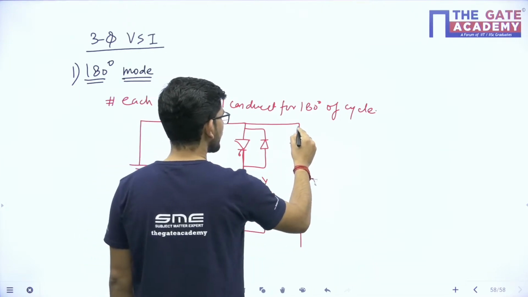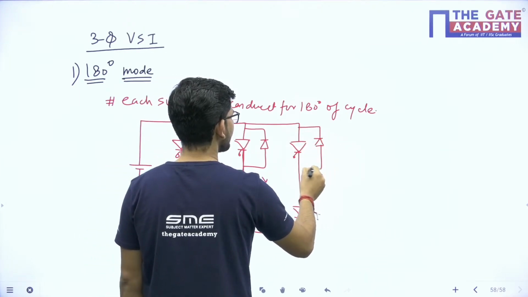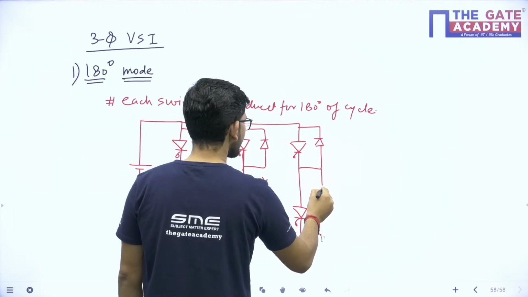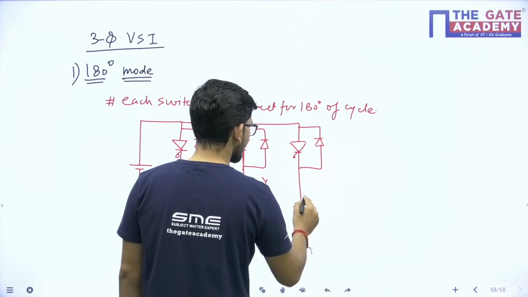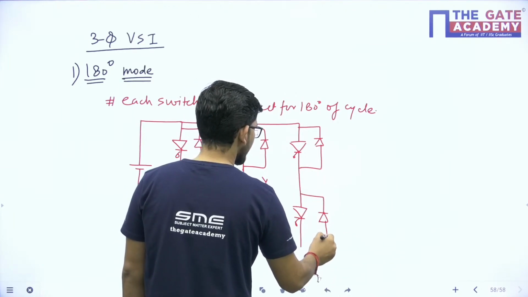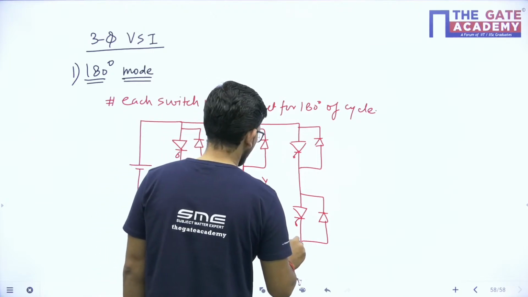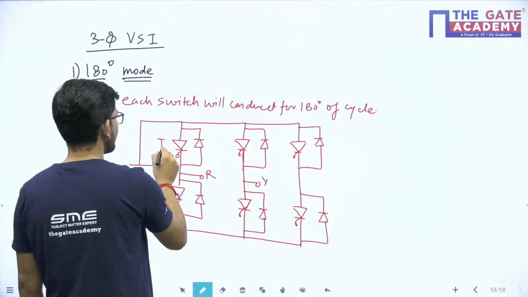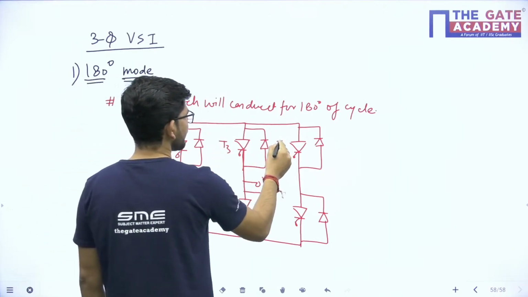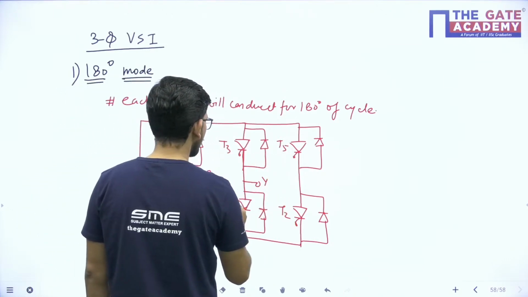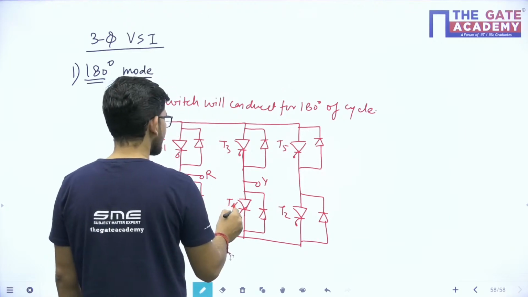It is composed of three half-bridge inverters, isn't it? It is basically a combination of three half-bridge inverters. So we have T1, T3, T5, and we have T2, T4, T6.